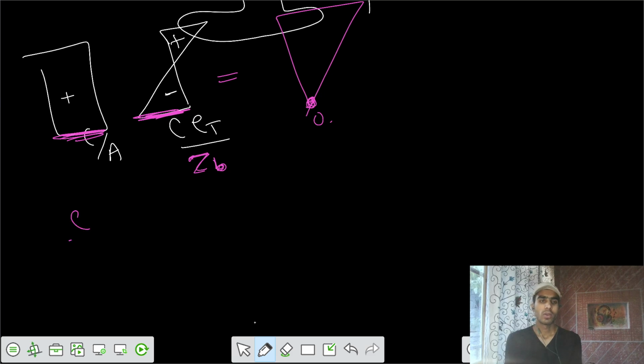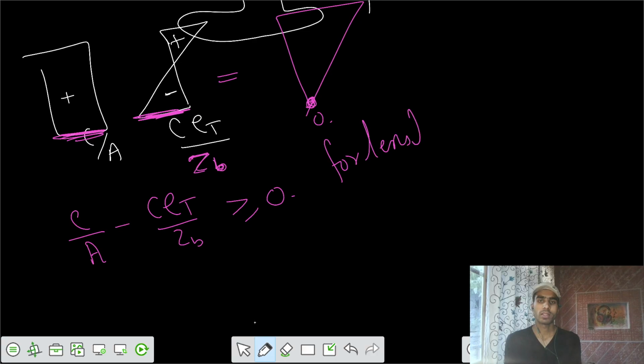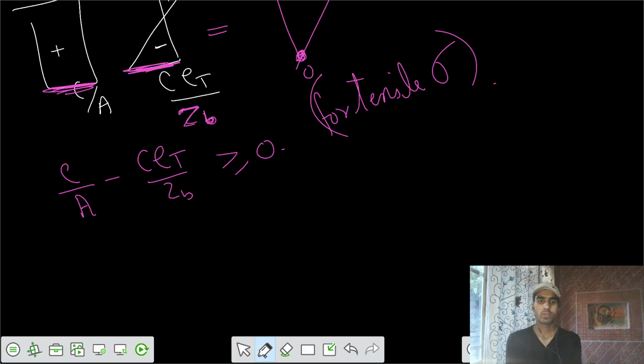So I would say your C by area of the cross section, plus, I would write minus C e top by Z bottom, should be greater than or equal to 0. So this is the condition for no tensile stress anywhere in the section. And for that I can now say your e top should be less than Z bottom by area of the cross section.